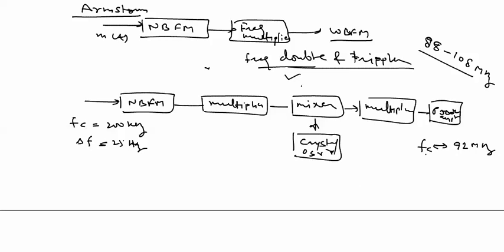In NBFM, we have to multiply this carrier by n amount of multiplication. For broadcasting purposes, a standard is set: 75 kilohertz is the frequency deviation. Initially we have 25 Hz, so we want to convert this to 75 kilohertz.